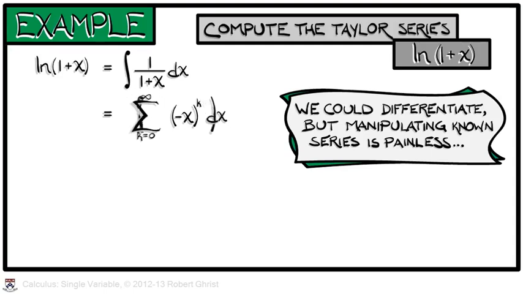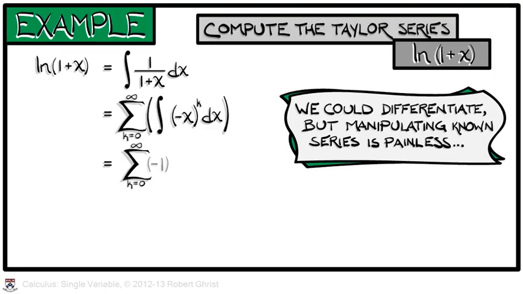respect to x. By rearranging the terms, a thing that we are allowed to do as long as we are within the convergence domain, and pulling out the -1 to the k, then we get the sum, as k goes from 0 to infinity, of -1 to the k times the integral of x to the k, that is, x to the k plus 1 over k plus 1.